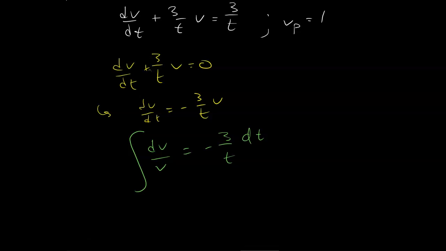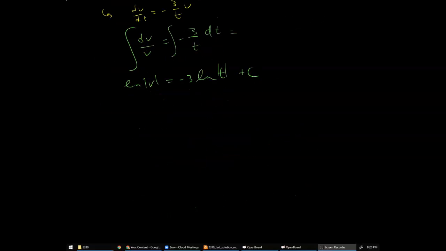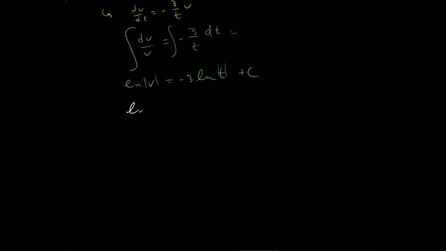Integrate both sides, and you have natural log of absolute value of v is equal to negative 3 natural log of t plus a constant. All right, great, good. Those absolute values, awesome. So now I'm going to take care of this negative 3 by putting it into the exponent of t. So we have a constant here.